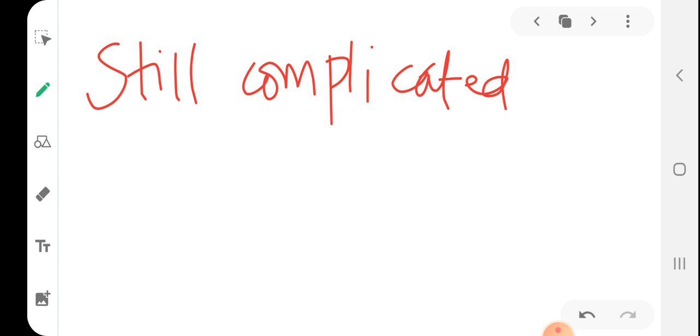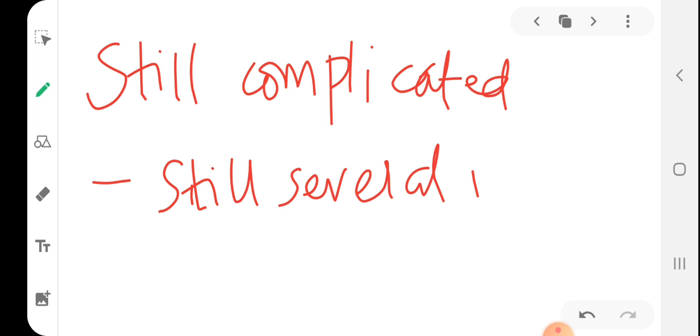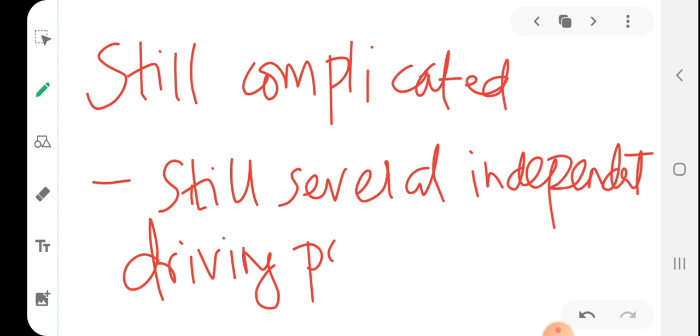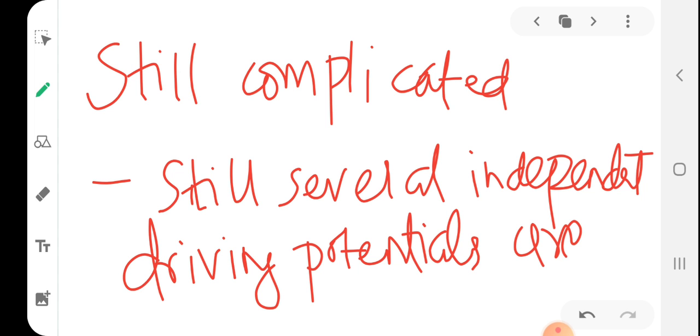That is why it is still complicated. Because they involve several different independent driving potentials.